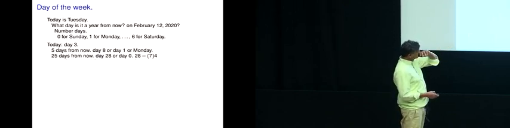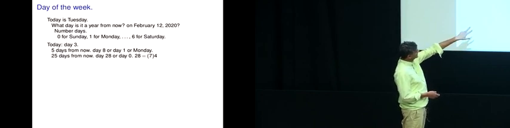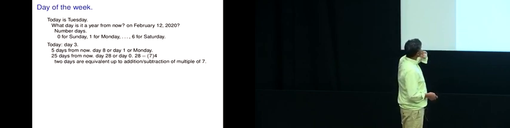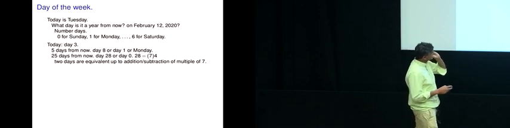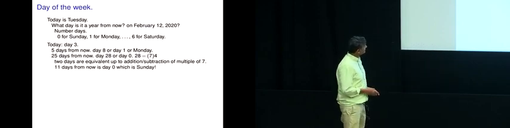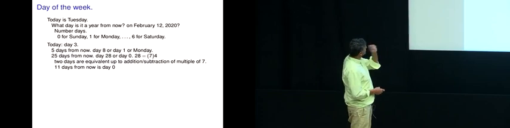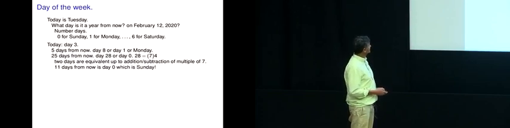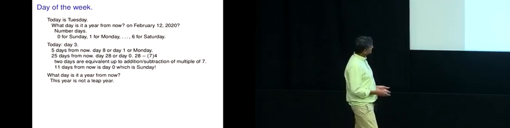Because I'm just taking the remainder when I divide by 7, or I factor it and I see that 7 times 4 is equal to 28. Days are equivalent up to the addition and subtraction of a multiple of 7. 11 days from now is day 0, if it were day 3, which is Sunday. What day is it a year from now?